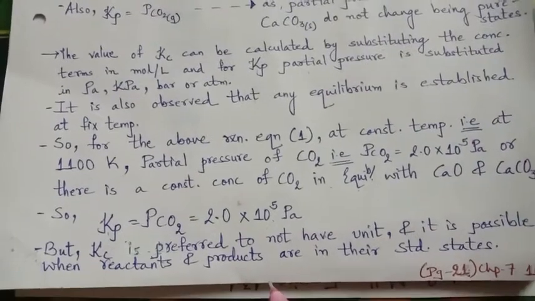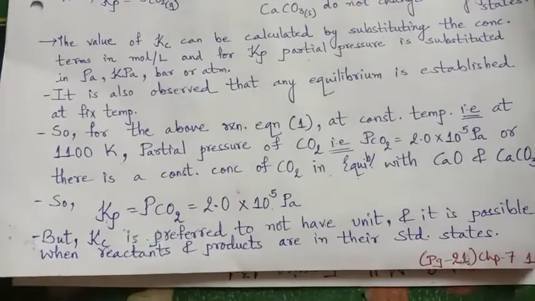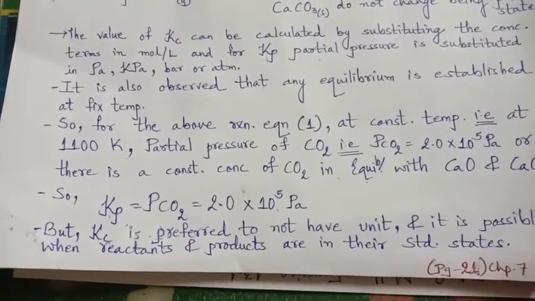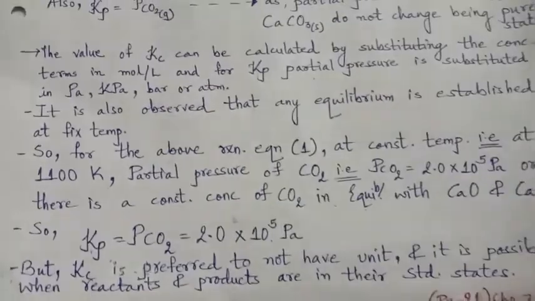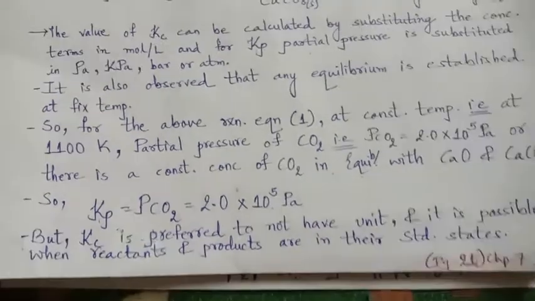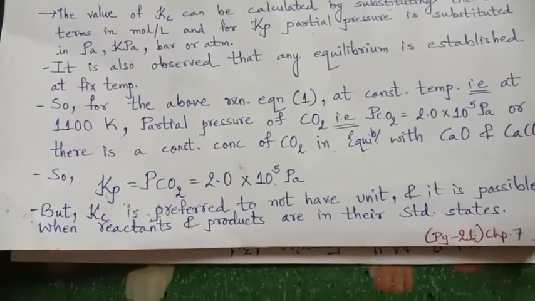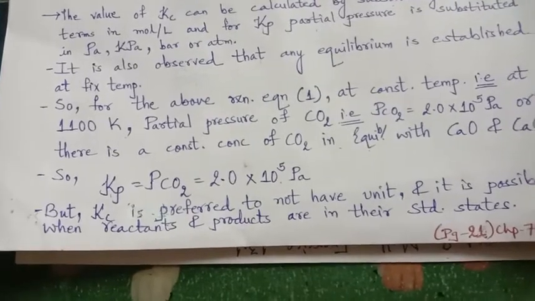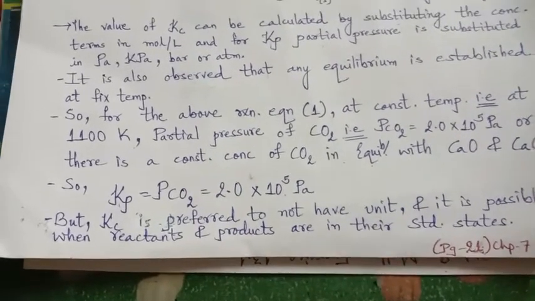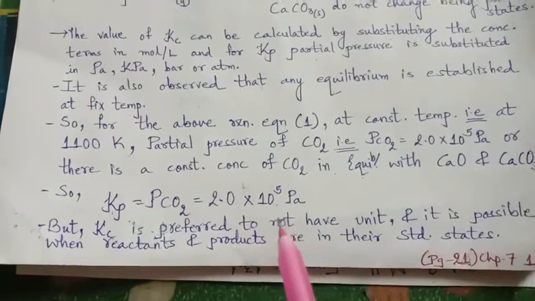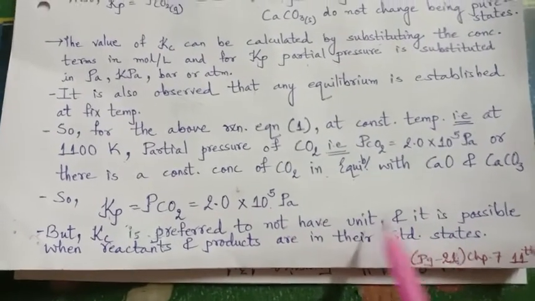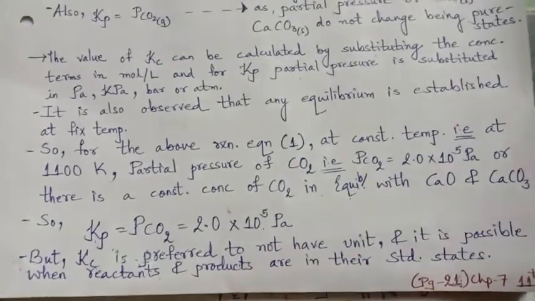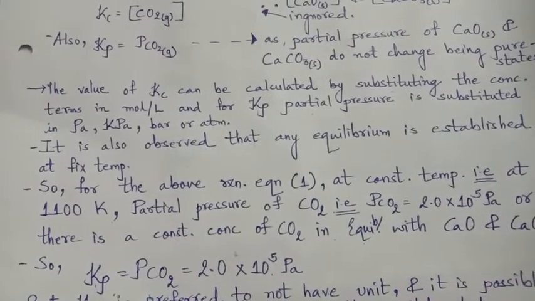That means mostly it is deduced that Kc and Kp should be dimensionless, because the unit does not remain the same for the respective reactions, because of the heterogeneous equilibrium. And if it is to be dimensionless, it is only possible when reactants and products are in the standard states.